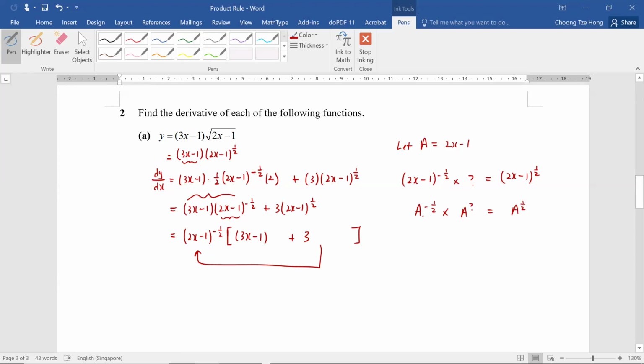Okay, so according to a law of indices, when we multiply, add the power. So in other words, we are just asking ourselves negative half plus what will give me half. You will see that it's going to be a to the power of 1, because same base, you add the power. So in other words, what we need is a to the power of 1, which is a, and a is now 2x minus 1. So what we need here will be 2x minus 1.